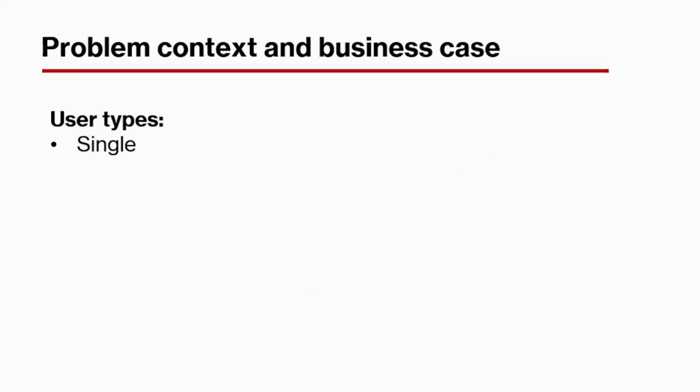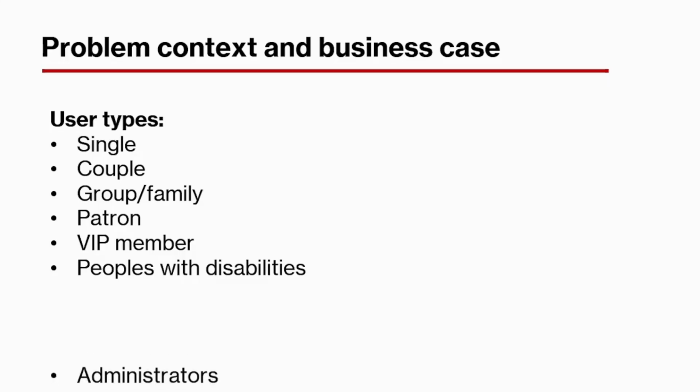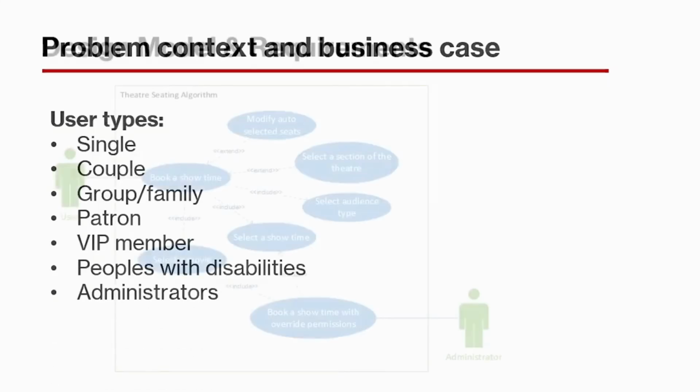The main types of users involved in this system are single persons, couples, groups, family members, patrons, VIP members, people with disabilities, and also the administrators.